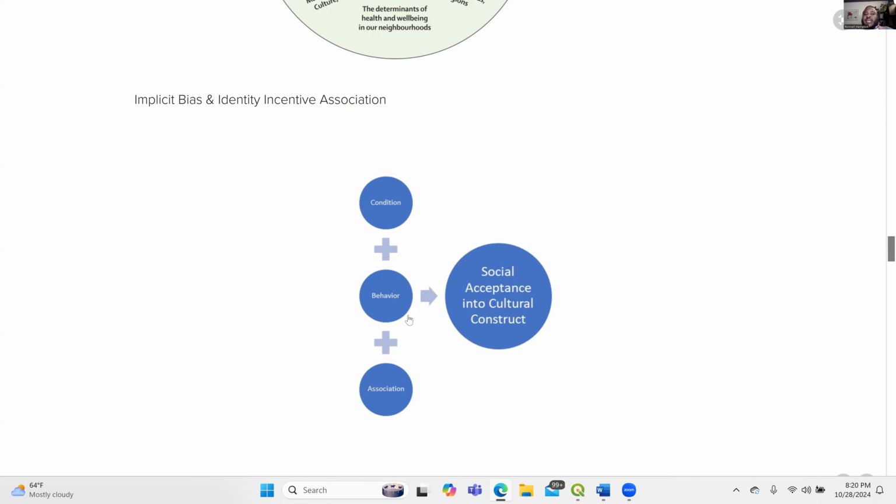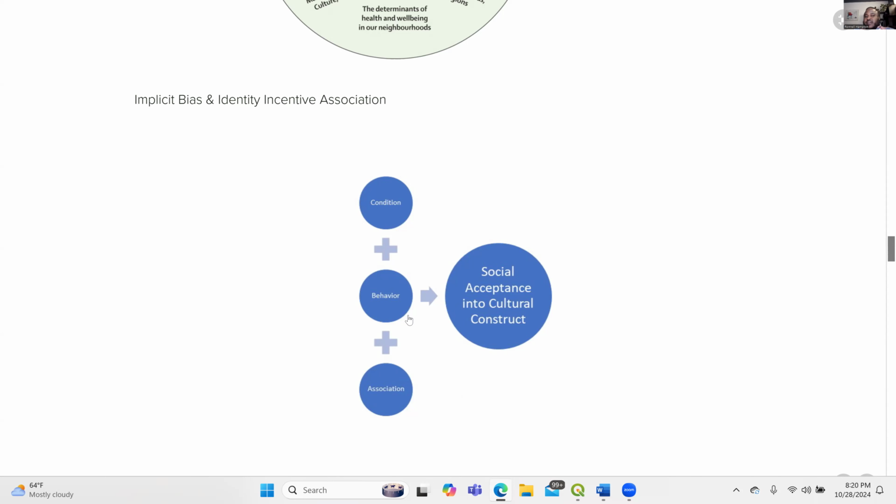And so in a lot of ways, what we prioritize as a culture are norms and conditions, behaviors, and associations that are aligned to white male patriarchy. And that sometimes is a challenge because we, as sometimes people of color, sometimes even women, sometimes even queer people, are still playing into this identity incentive that we get from playing into patriarchy.